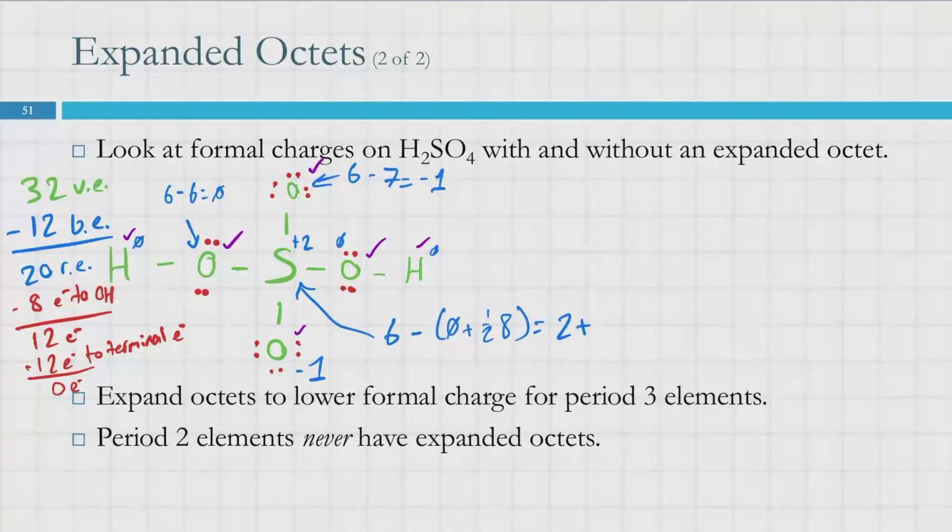So that gives it a 2+ for its formal charge. Questions on how we got any of those formal charges? This is if we have no expansion for our octet.